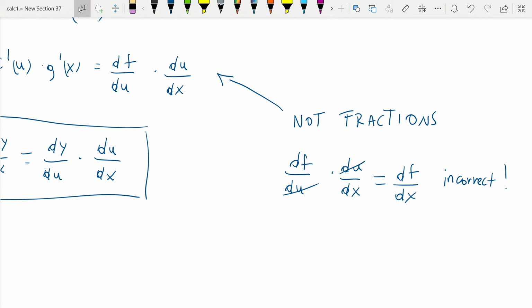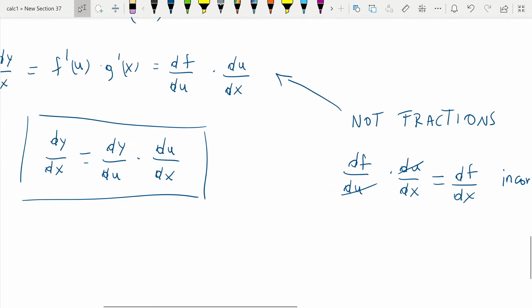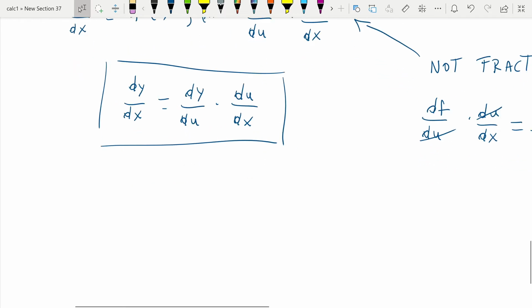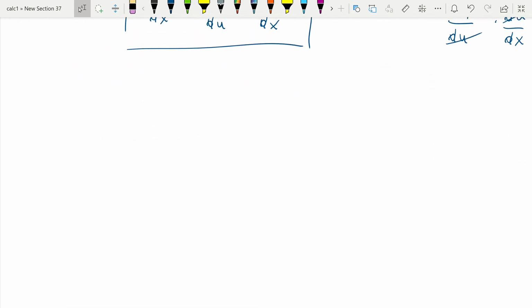They're not numbers, so these are not fractions. This is just notation for the derivative. Okay, so that's just the notation that you may see in some places. And now we can move on to the very special cases of the chain rule.